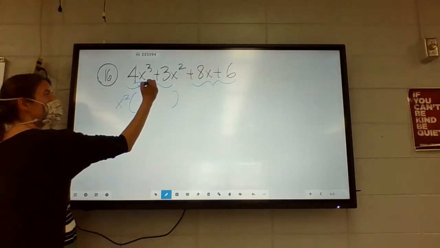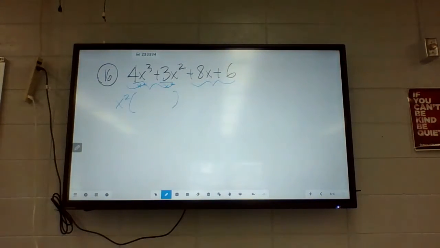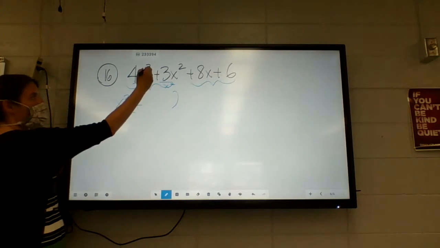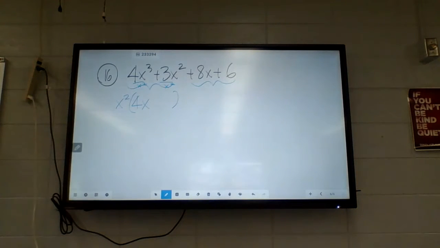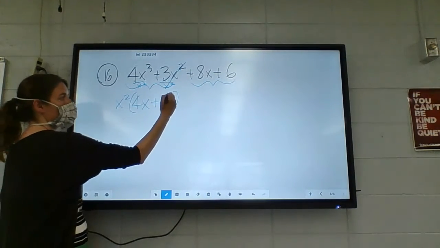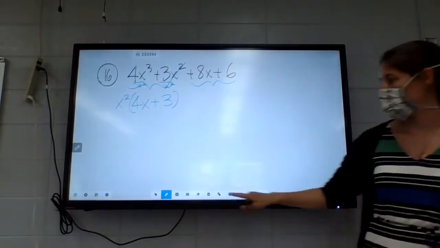And if it helps to show that I'm dividing that out, go ahead and do that. I'm left with 4. X to the third over x squared is just x. And then 3x squared over x squared, the x squareds cancel. I'm just left with 3. So that's my first half there.